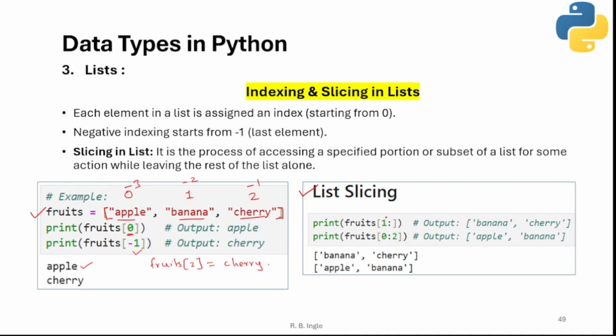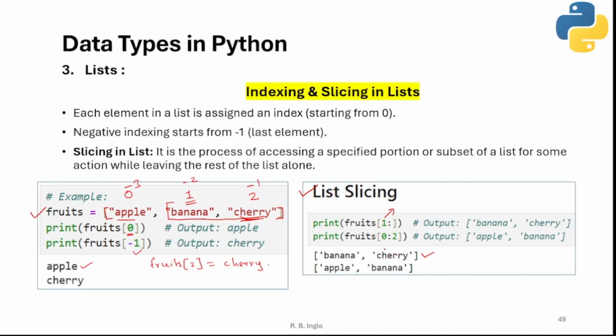It means give the elements starting from index number 1 till the last index. Banana is present at index number 1 and the last element is cherry, so it will print all the elements starting from index number 1. Here we can see I am getting banana and cherry.